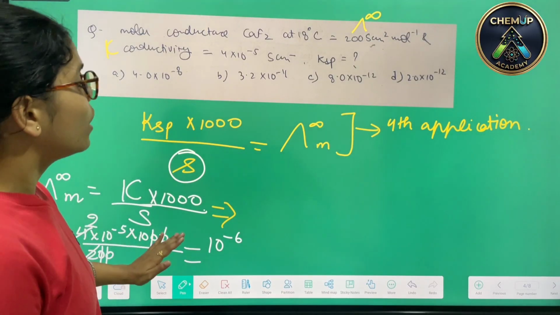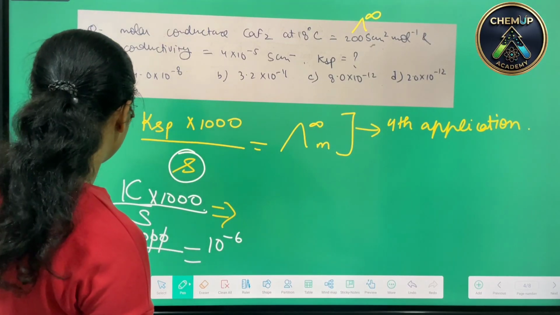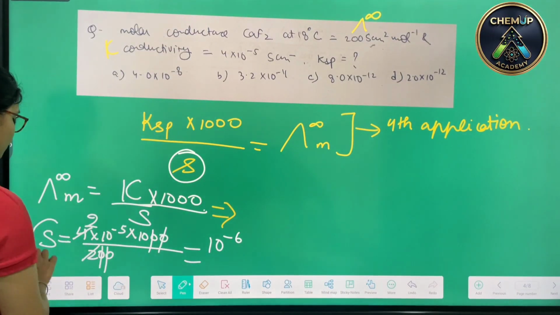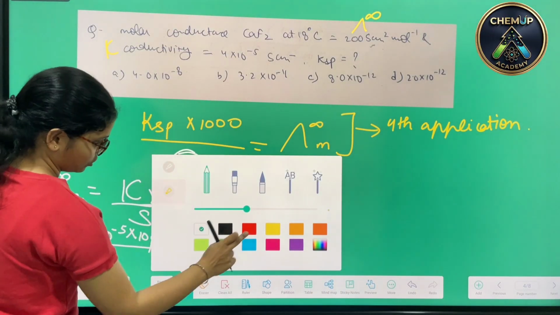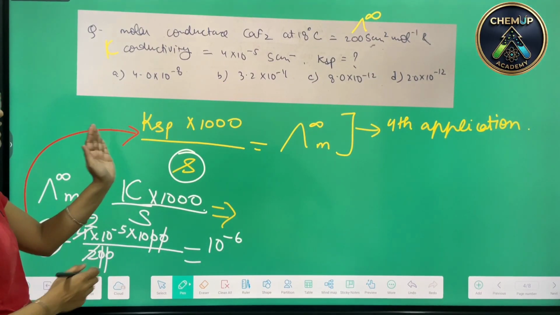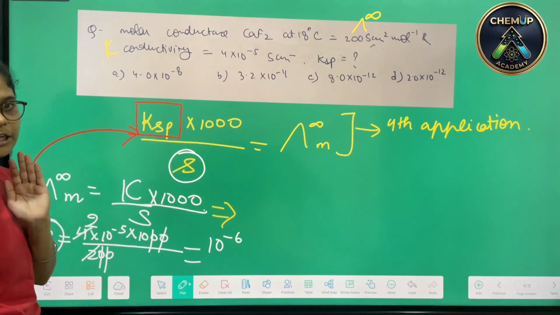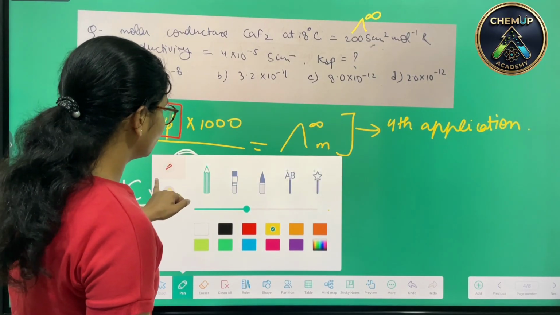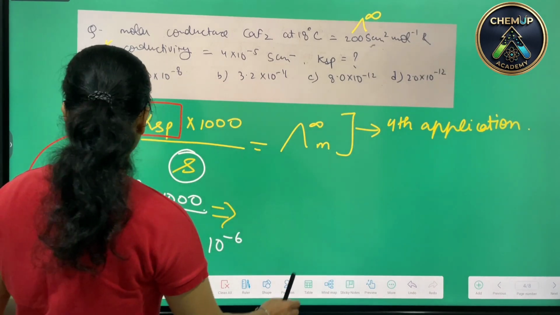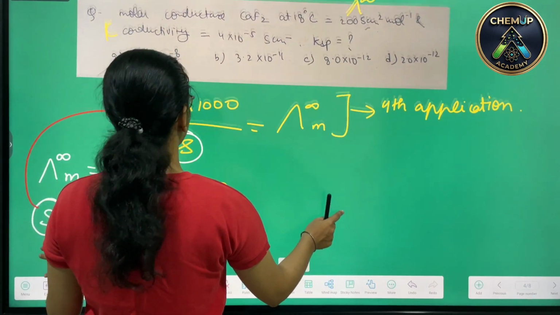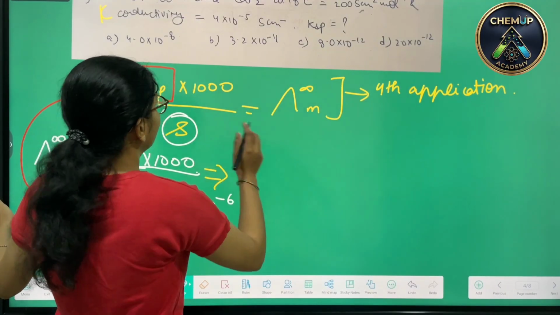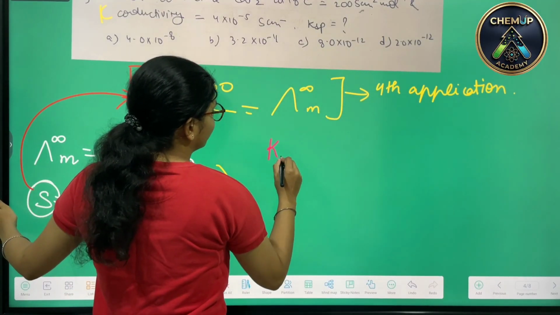Now we have got the solubility. Placing this value of solubility in the given equation, because we need to calculate this particular factor, KSP has to be calculated.